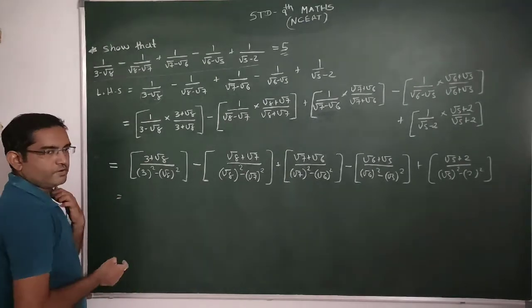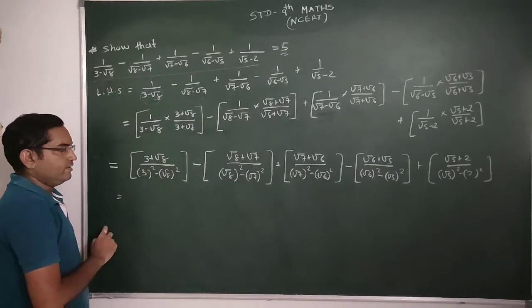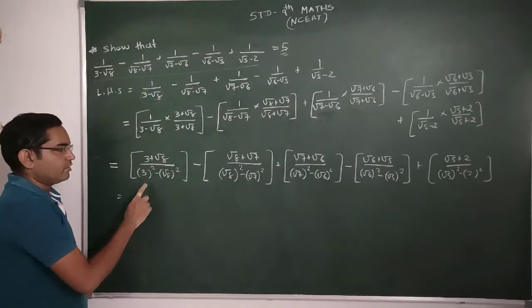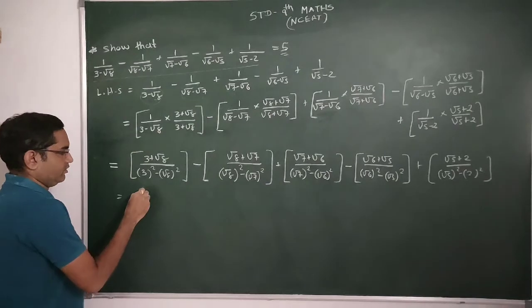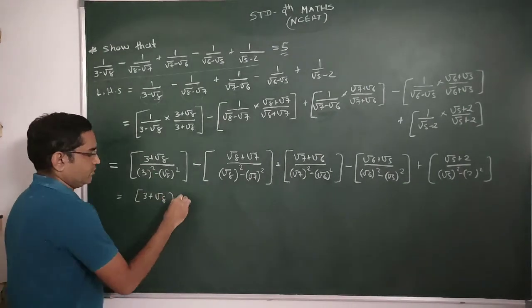So here, first check the simplification of the denominator. It's 3 square 9 minus root 8 square 8. So 9 minus 8 is 1. So the simplification of the first bracket is 3 plus root 8 divided by 1.